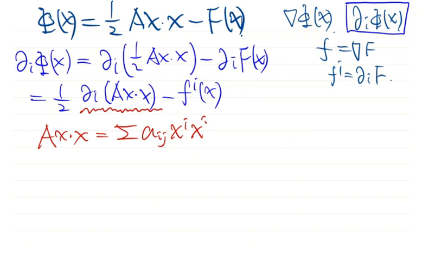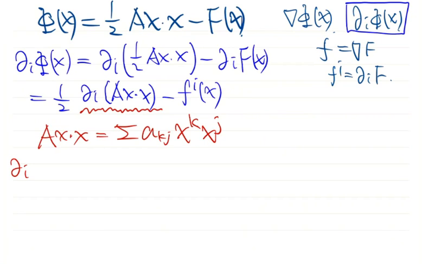Maybe we don't use i because the i has been used here, so we use another index. So a_kj x_k x_j.